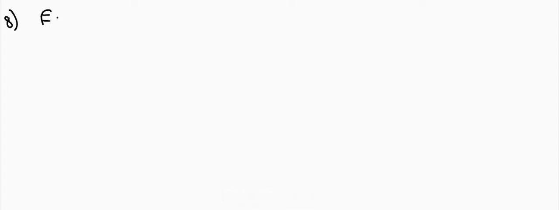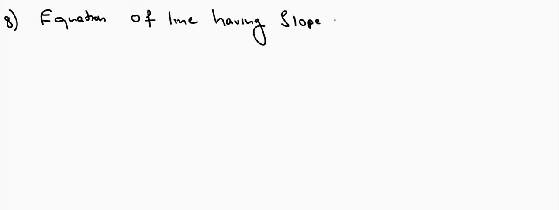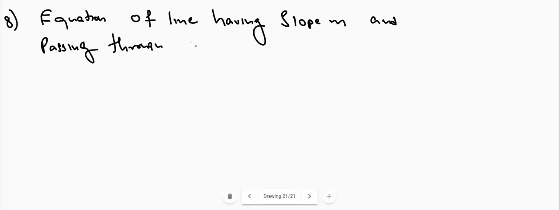Now the equation of a line having slope m and passing through a point.